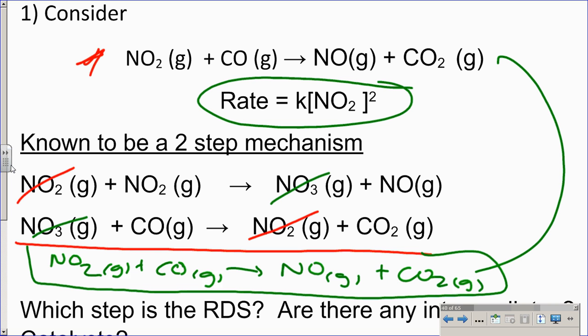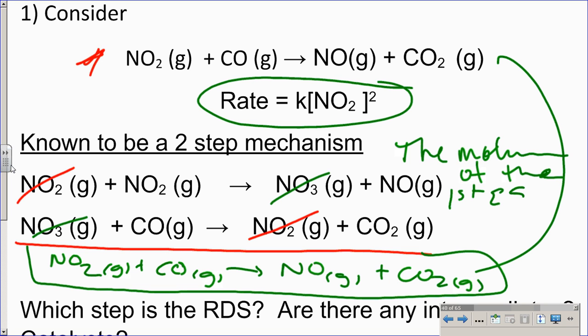What are my words? The molecularity of the first elementary step matches the exponent of the rate law.